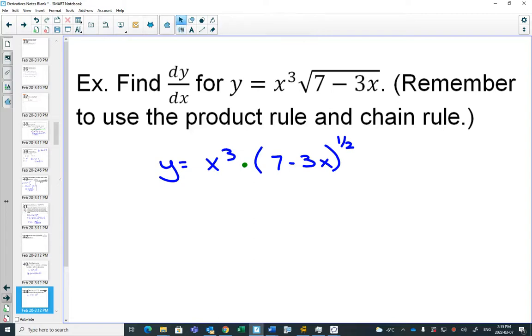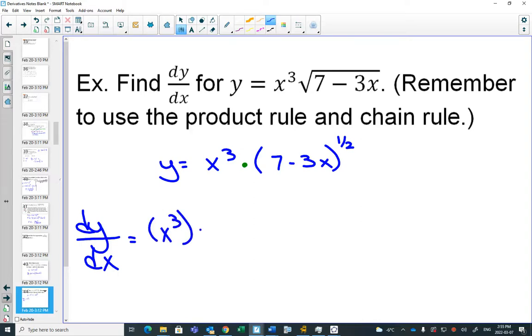What does your product rule look like? Product rule says keep one of them the same, multiply by the derivative of the other one. So I'm going to keep the x cubed the same. And then when I multiply by the derivative of my second one, that's my chain rule.